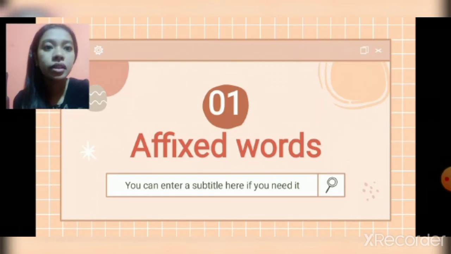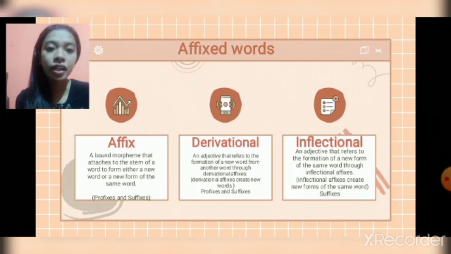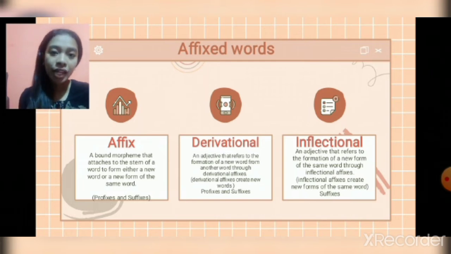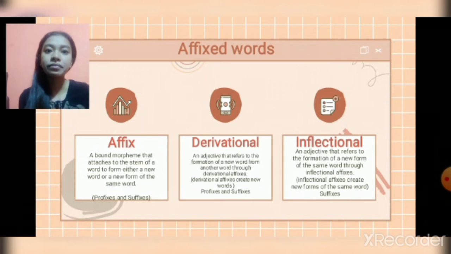But first of all, we have to know what an affix is. An affix is a bound morpheme that attaches to the stem of a word to form either a new word or a new form of the same word. And this affix can be a prefix or a suffix.